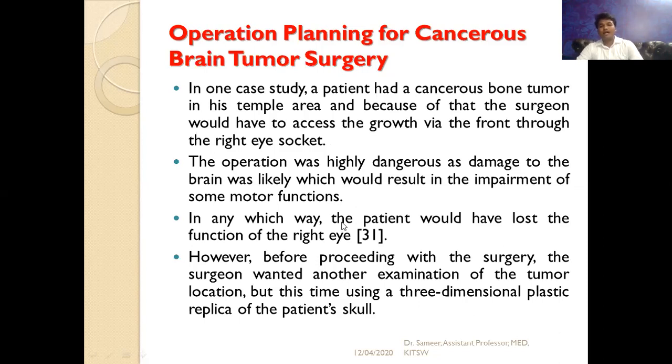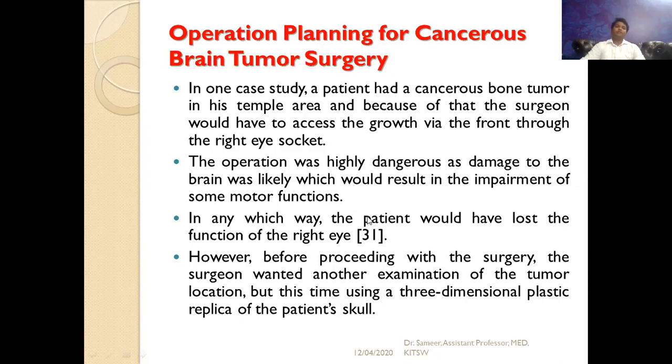The operation was highly dangerous as damage to the brain was likely, which would result in impairment of some motor functions. In any way, the patient would have lost the function of the right eye. However, before proceeding with the surgery, the surgeon wanted another examination of the tumor and its location, but this time using a three-dimensional plastic replica of the patient's skull.